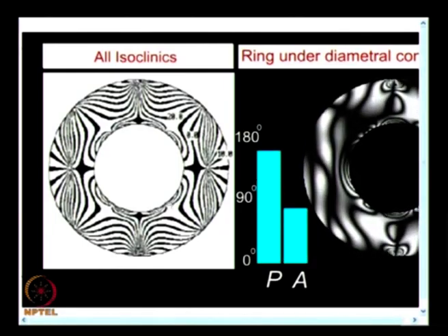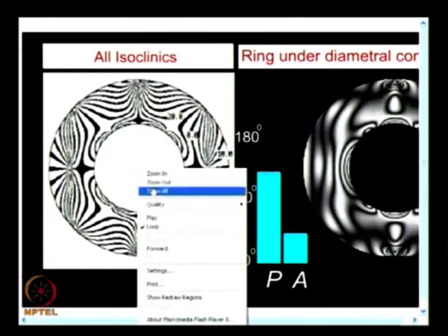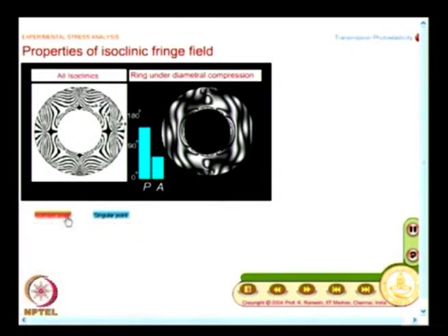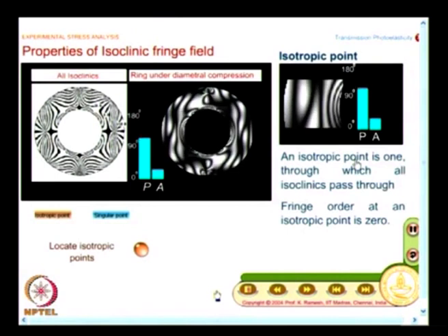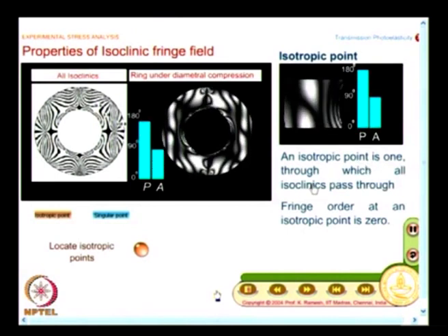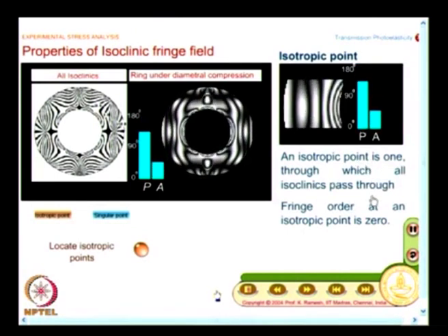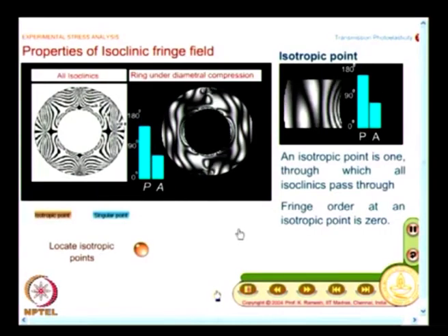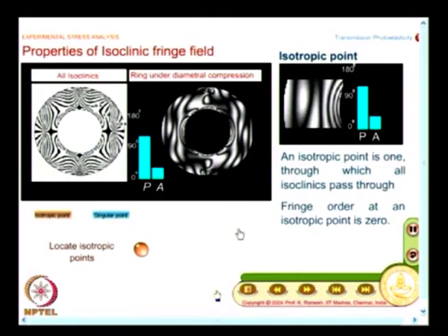fringe field. Now, what we will do is, we will go and see what an isotropic point is. An isotropic point is one through which all isoclinics pass through. You have already seen, I have already helped you to tune your eyes to see that there are points in the model domain where all isoclinics pass through.